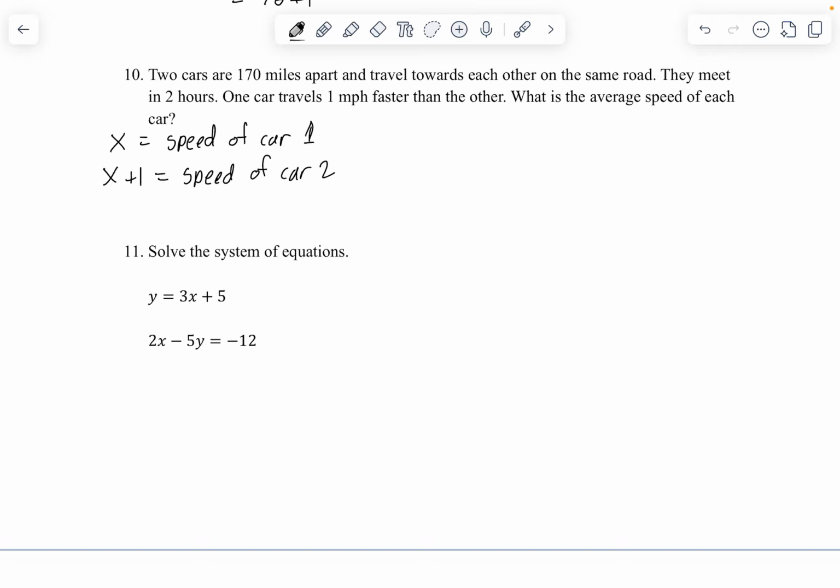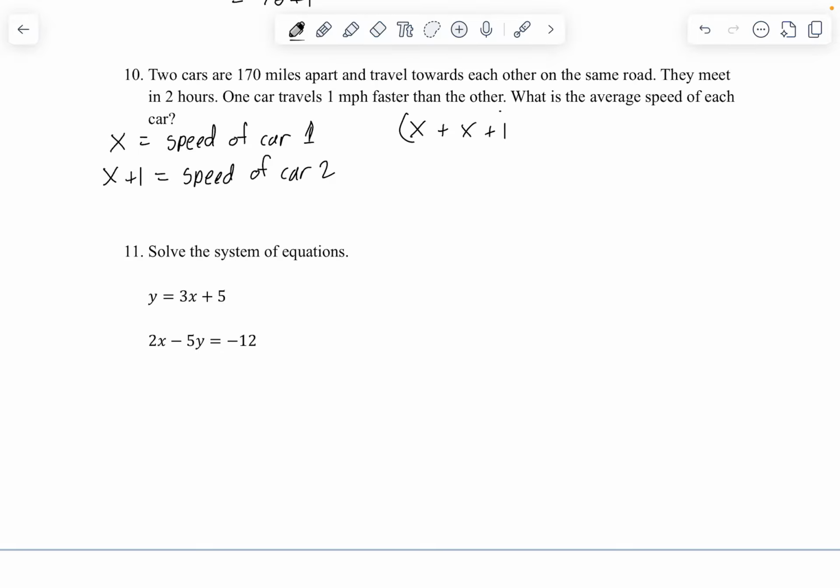So what we can do is we can take the speed of the two cars, x plus 1. So speed is measured in miles per hour. And if you take the speed and multiply it by the time, you get distance.